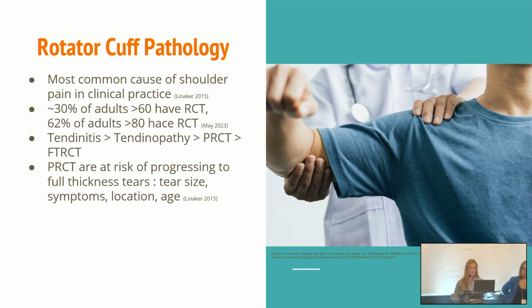Partial rotator cuff tears do have risk of propagating into full thickness tears related to the size of the tear, but also location. Anterior tears have a higher rate of progressing to full thickness tears, and age: over the age of 60 tend to have a higher likelihood that a partial tear will progress to a full thickness tear.